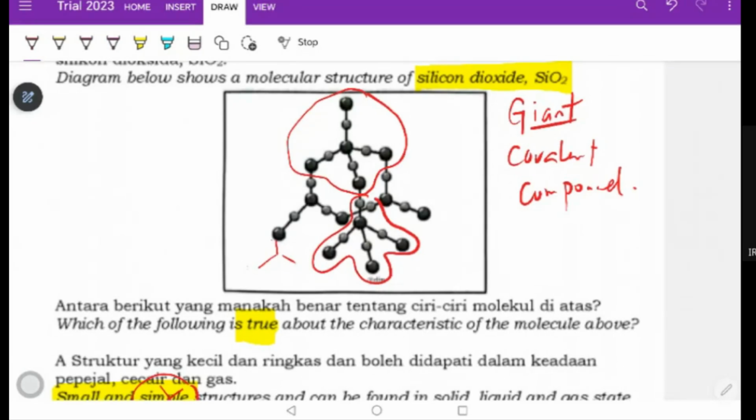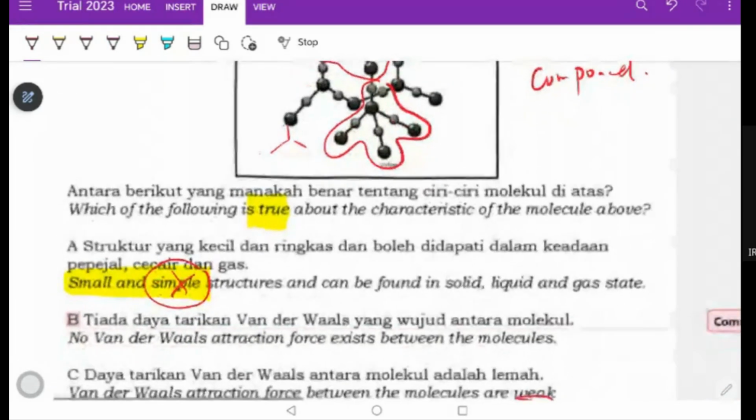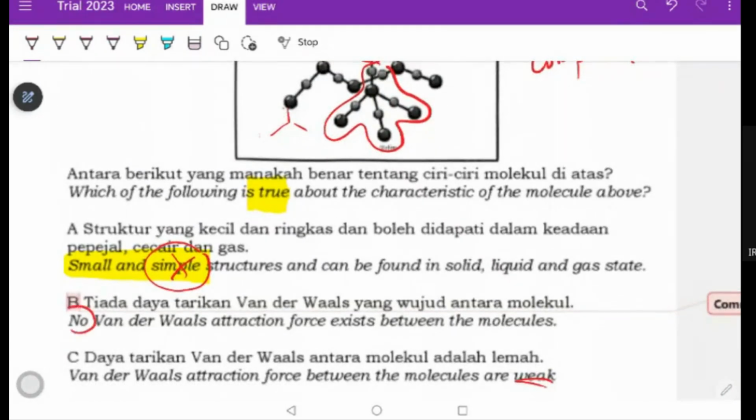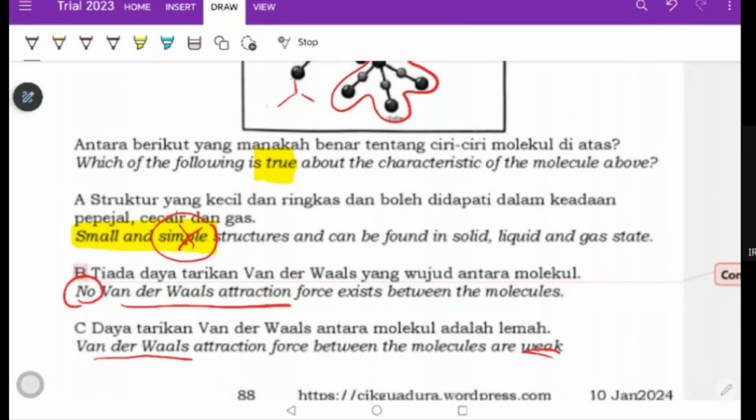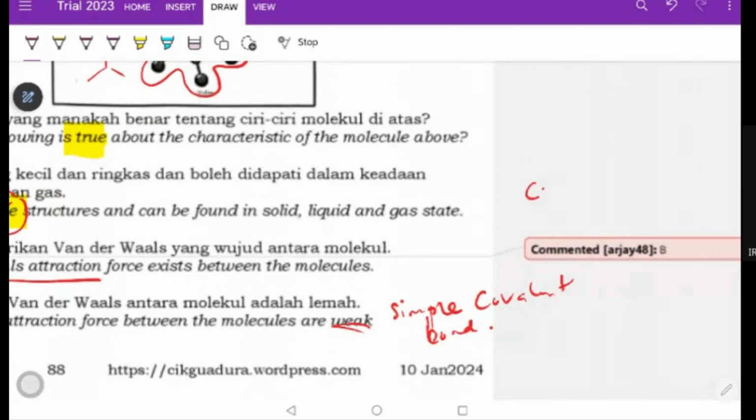Meaning that inside the giant molecule there is no van der Waals force of attraction. Van der Waals is for the simple covalent bond. Let's say carbon dioxide, like this with another one.